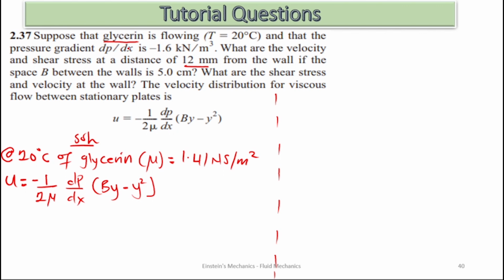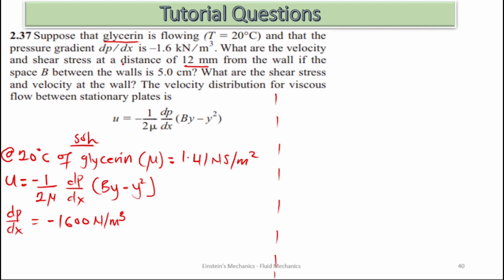I'm given this dP on dx as negative 1.6 kilonewton. Remember, it is kilonewton, so can I say it's the same as negative 1,600 Newton per meter cube? Yes. Are we okay?